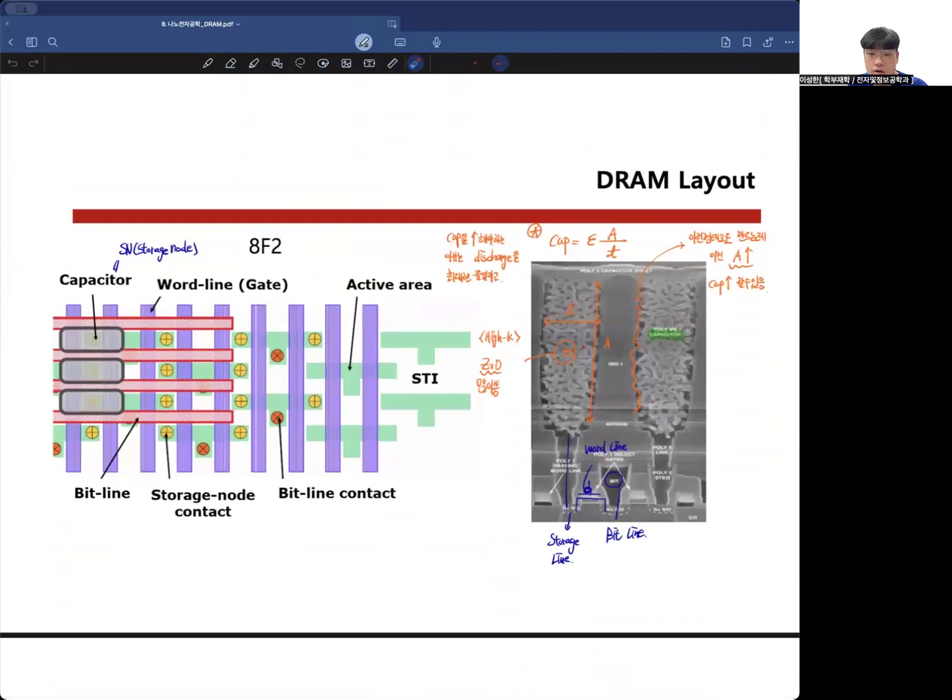So I told you before about this shape; we want to make it this shape because this shape improves the area. And then we can use the high-K method in this section. We should improve the epsilon, so we can make a better capacitance.